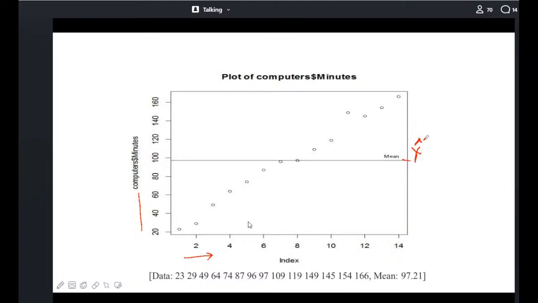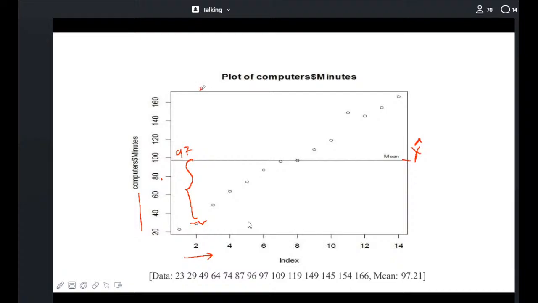If 2 units were replaced, still my prediction is 97. In that case, the error will be around 67. So this is my error. This is the actual data, and this line, wherever it intersects, is my predicted data.